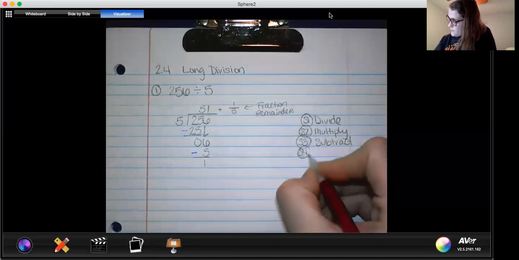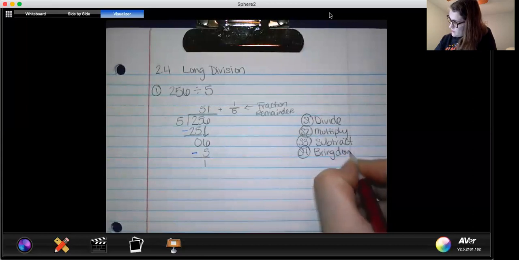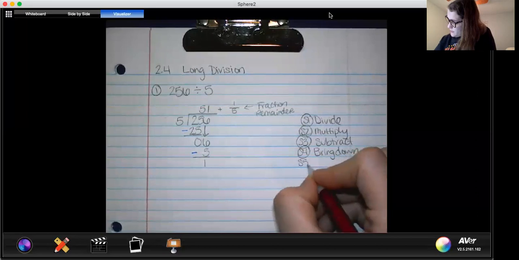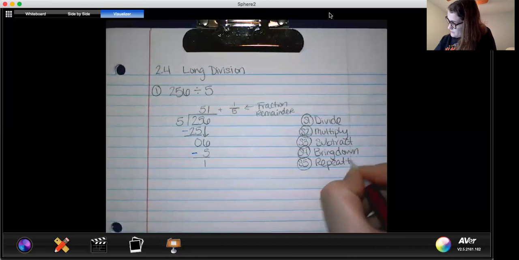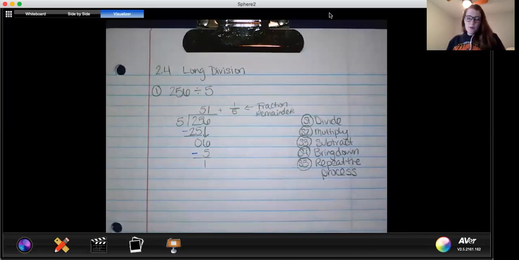And step 4 is to bring down the next term. And step 5 is to repeat the process. And so we are going to do this process, but with variables and exponents.